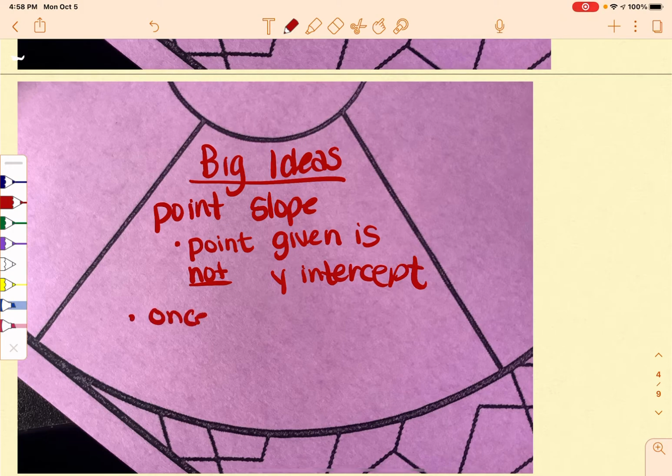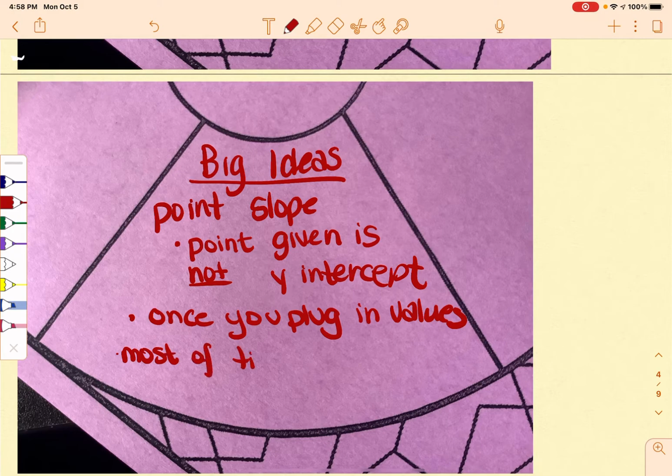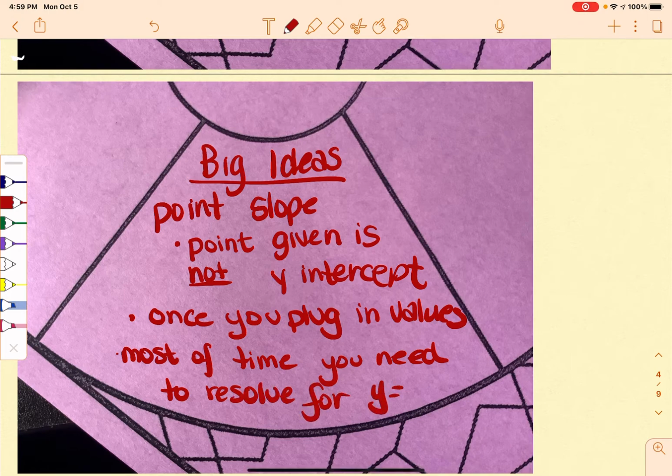Once you plug in the values, most of the time you need to resolve to make it y equals. And you'll see a couple of them. We're going to do maybe 2 examples here just so you have a couple to look at and use.